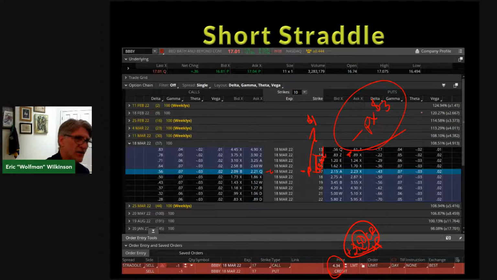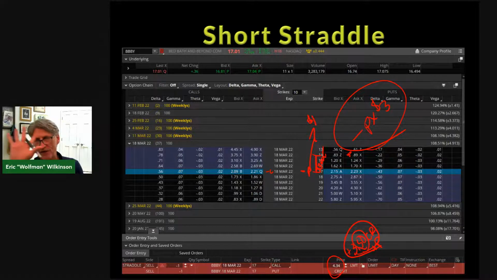That means the max loss you could lose on a short put spread is $3, right? But I've collected $3.50. That means if I lose all of the money and it goes all the way to zero, I still get 50 cents out of it, which is $50 for being wrong. How often do you guys get paid for being wrong? Meaning I thought it was going to stay in a tight range, worried about the downside, and I eliminated it.